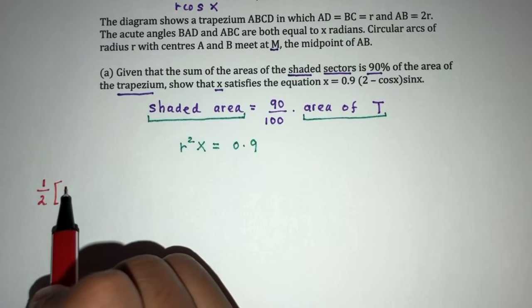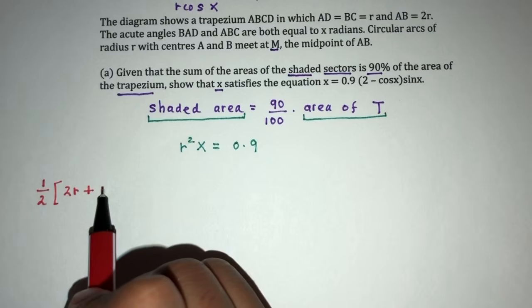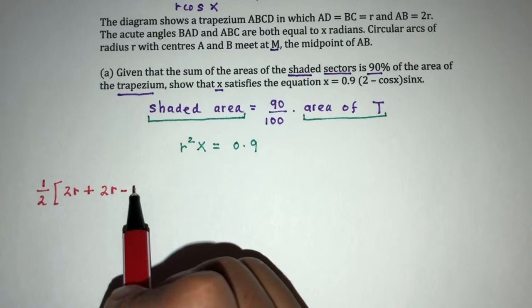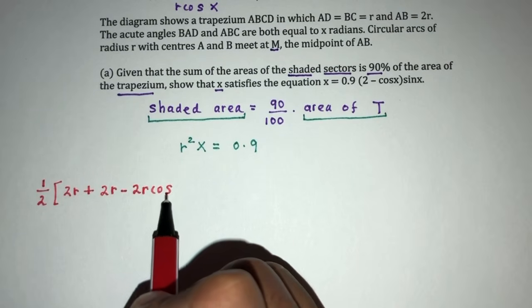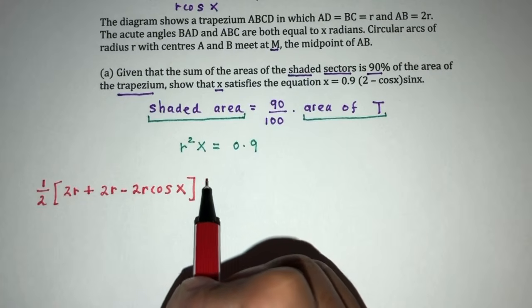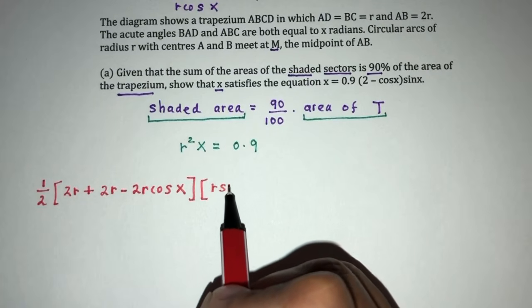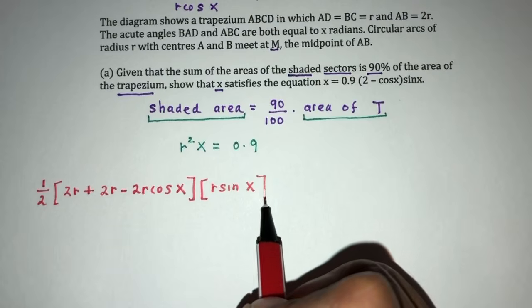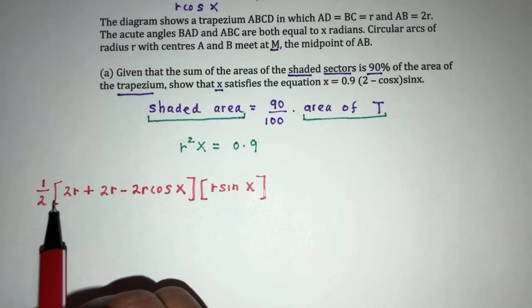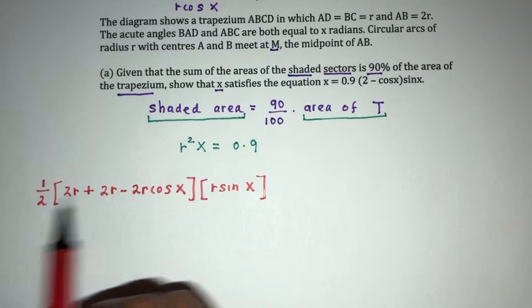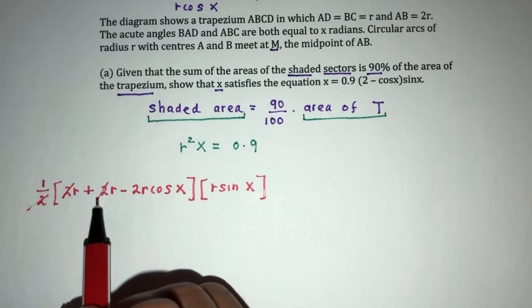I have 2r plus 2r minus 2r cos x multiplied by r sin x. Simplify. Here I can factorize 2 outside, so the 2 will cancel out with these 2.